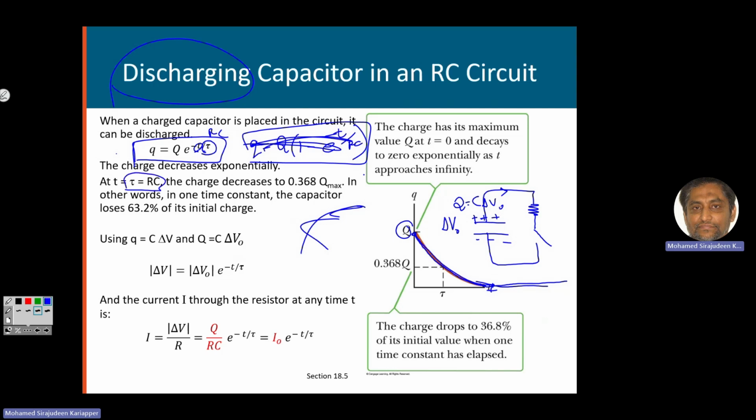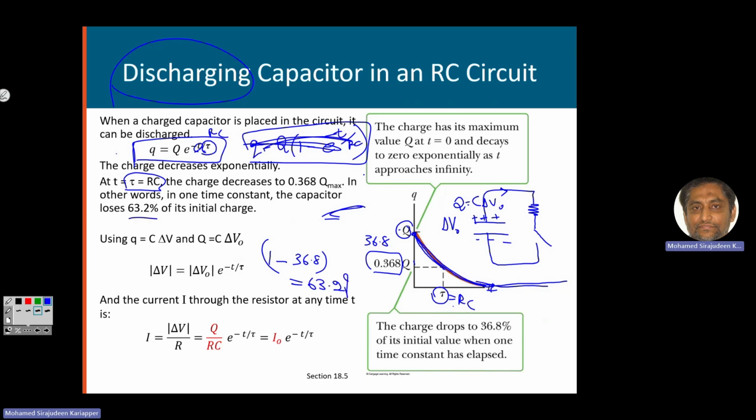Now what happened? If you wait one time constant, equal to the RC, the charge will decrease from its initial value to 36.8% of that initial value. After one time constant, we can also put it in a different way. I can say Q becomes 36.8% of the initial Q, but you can also say the initial charge will be reduced by 1 minus 36.8%, which is equal to 63.2%.